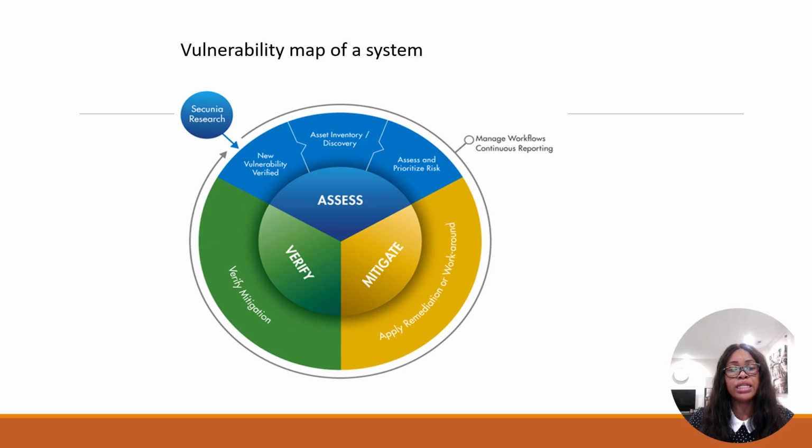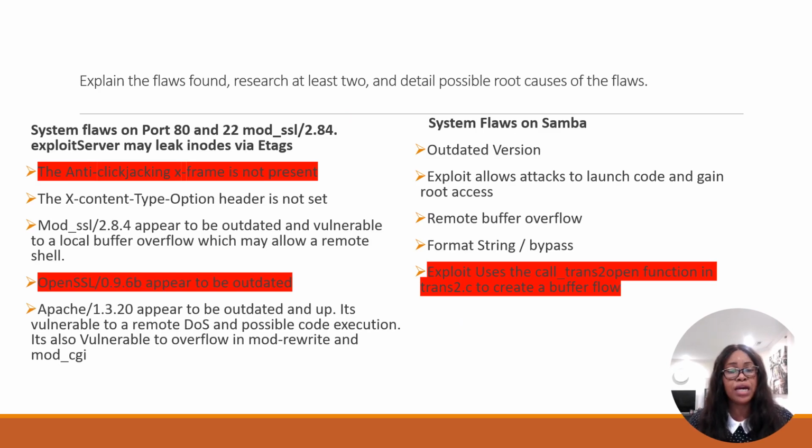And on my next slide, I'll be explaining the flaws I found on my open ports. I did a little bit of research on them, and I'll also be talking about the possible root causes of these flaws. For port 80 and port 22, I found that the anti-clickjacking X-Frame-Options header is not present.